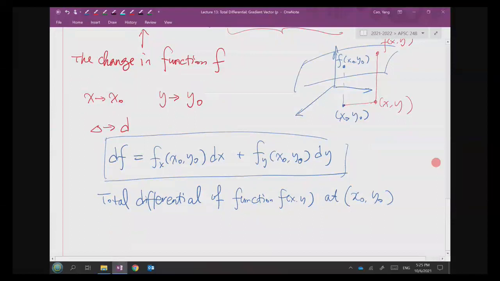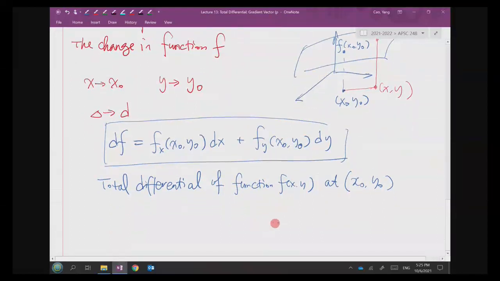And I want to relate this to a simple case. A similar case is a function of a single variable, and you take the derivative of the function. Let's say, for example, this is x squared. Then you get df over dx equal to 2x.